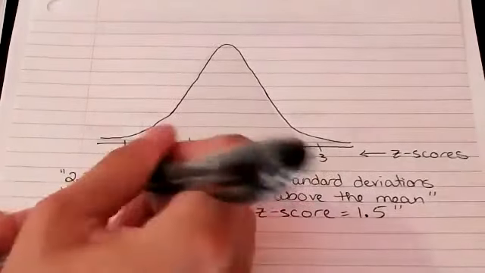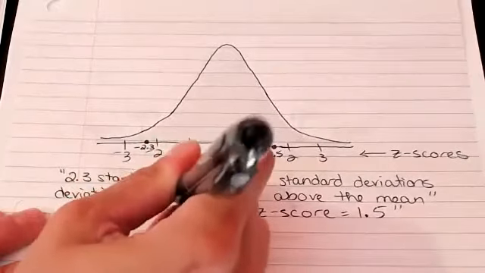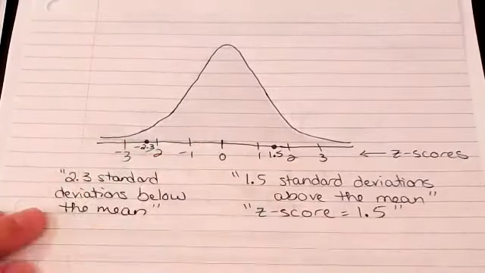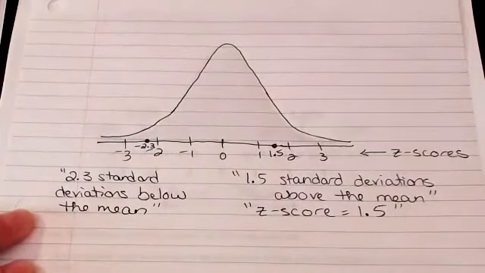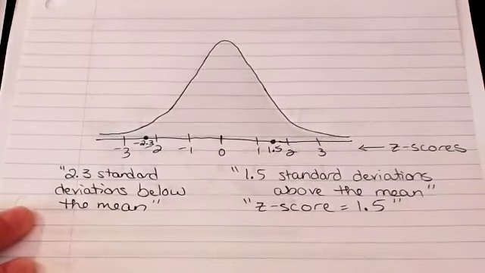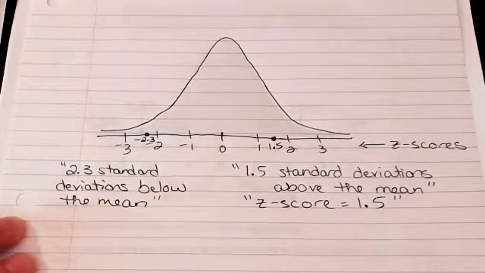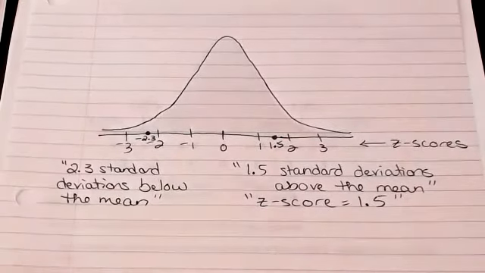Hello? Yes, below the mean. So remember, we're just talking about how to describe these points, these values. 2.3 standard deviations below the mean. That's how you would describe that particular location.